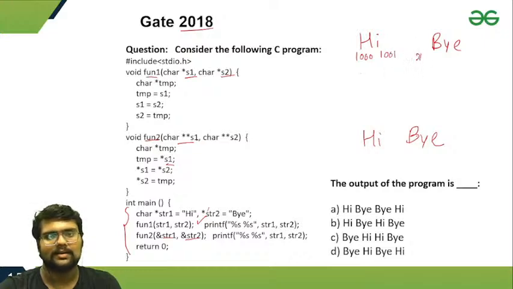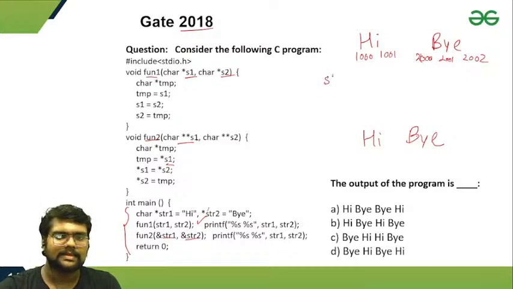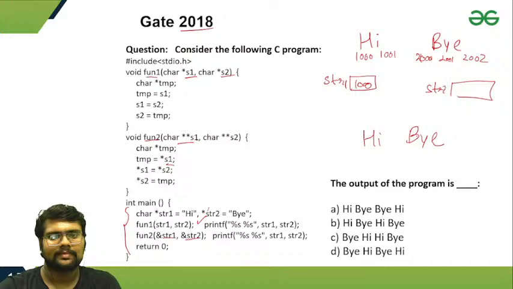This is 2000, 2001. So str1 contains 1000 and str2 contains 2000. Okay, and it is pointed by s1 and it is pointed by s2.